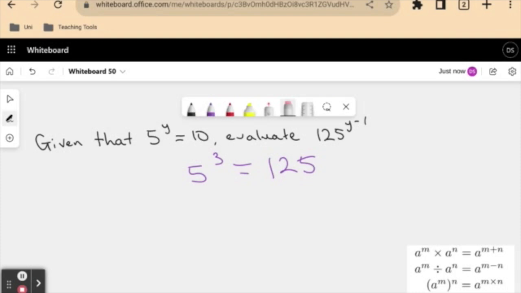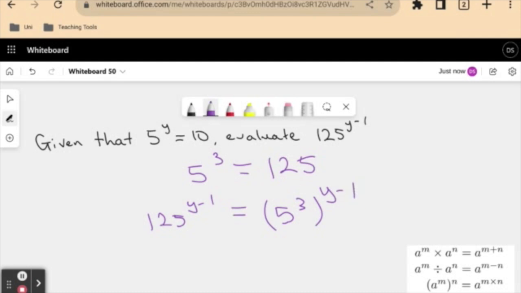So, let's write our term here with a base of 5. And that will allow us to start making a link between this thing here. Now, therefore, I can write 125 to the power of y minus 1 as 5 cubed to the power of y minus 1.